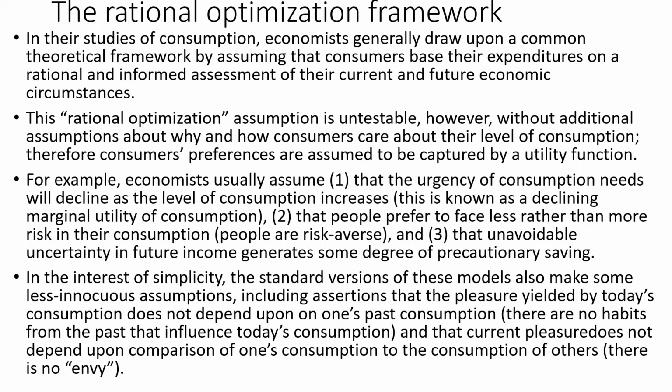For example, when Keynes told that consumption is a function of income, and also he told about the subjective factors, objective factors, etc. Milton Friedman, the father of monetarism, he had certain different ideas about consumption.